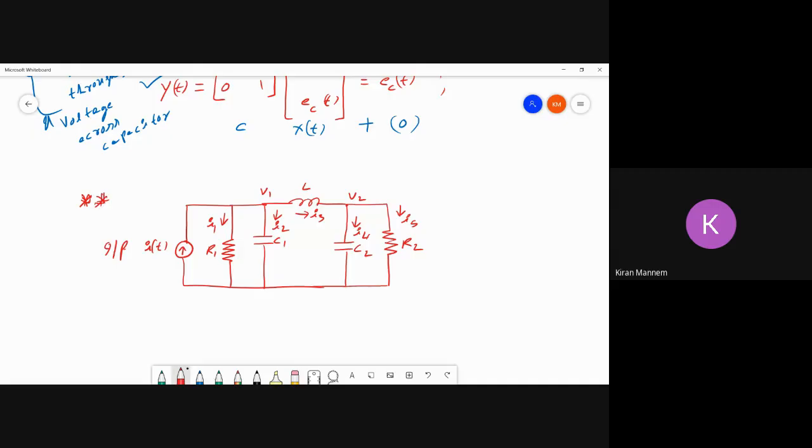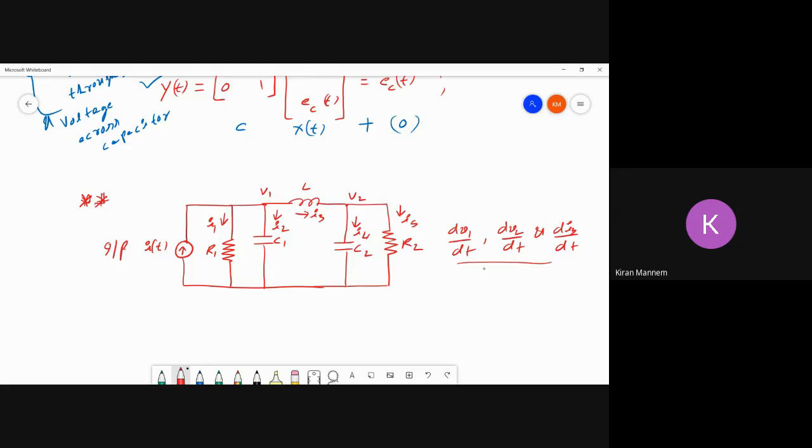Now what are the state variables? Voltage across the capacitors and current through the inductor. So it is dV1 by dt, dV2 by dt, and dI3 by dt, right? So now these are the state variables. We should represent these state variables using the state model equations.